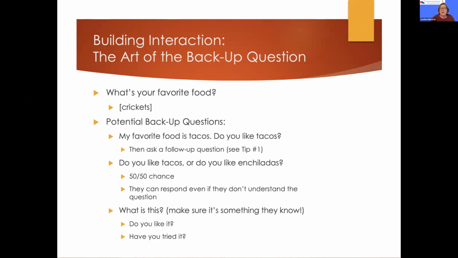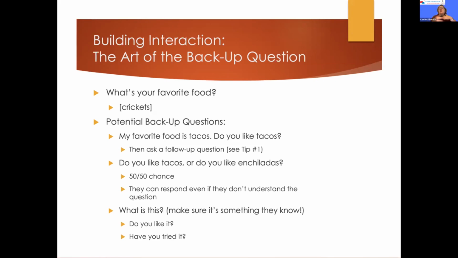Now, what I might also do is say, what is this? And I might show them a food, right? Because if I'm asking what their favorite food is, chances are our lesson's going to be about food, right? So I might show them a food, make sure that it's something they know, or then provide them the vocabulary, and then ask them questions. Have you tried this food? Do you like this food? Right?